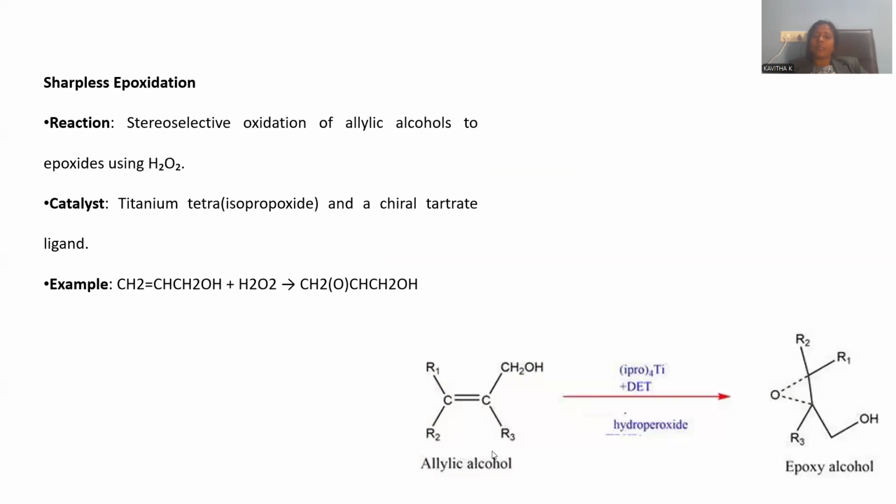Sharpless epoxidation. Sharpless epoxidation is generally carried out with tertiary butyl hydroperoxide, but there is a provision to replace that tertiary butyl peroxide with hydrogen peroxide, so that wherever a double bond is there, it can be transformed into an epoxide form. Epoxy alcohol will be generated.